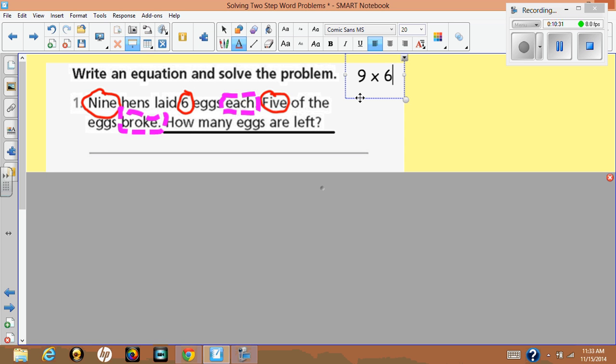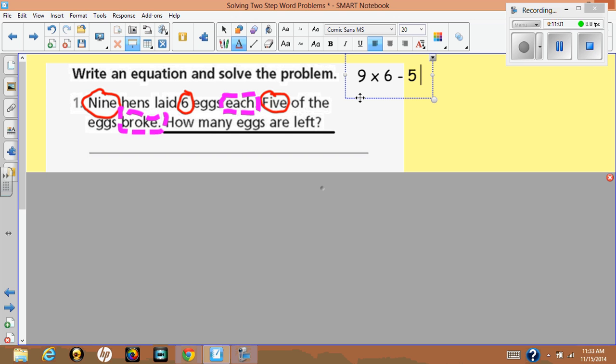That's the first expression in our 2-step word problem. Now, we also know that 5 eggs broke. So out of our total, we're going to have to subtract 5. So let's write into our second part of our equation, our second expression, subtract 5.